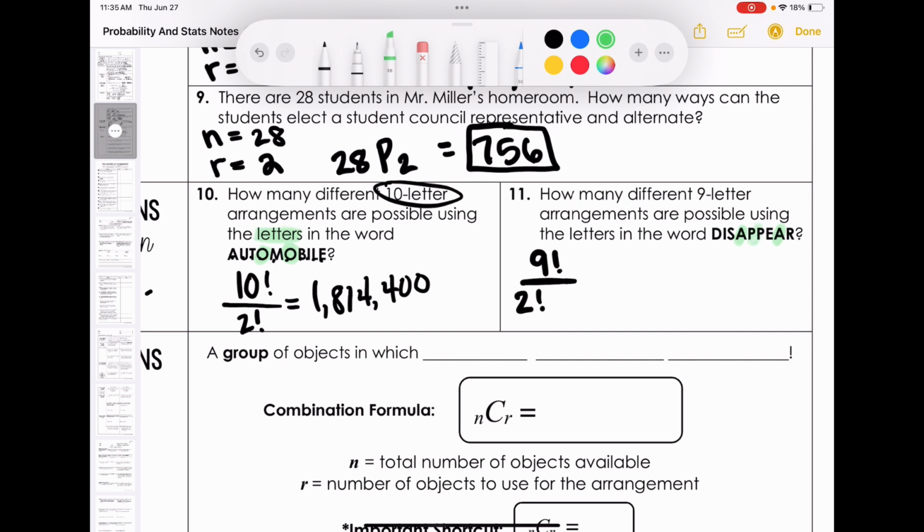And then also P is repeating twice, so I'm going to put 2 factorial on the bottom. Okay, if it was repeating 3 times, I would have 3 factorial. It just depends on how many times the letter is being repeated. So that gives me 90,720.